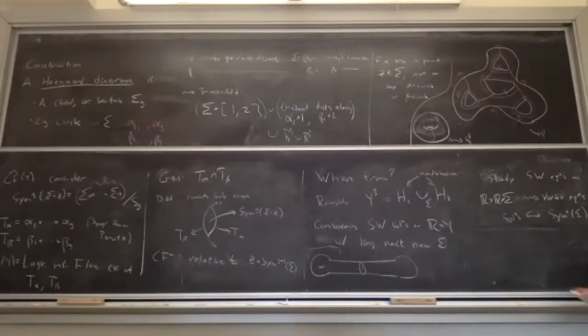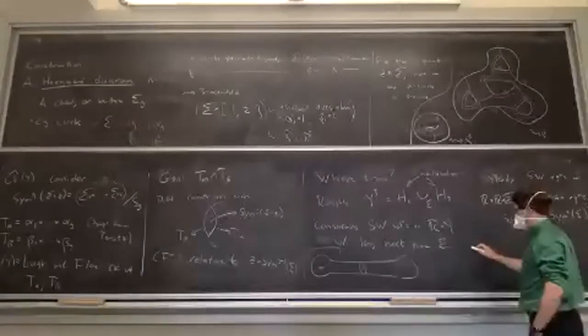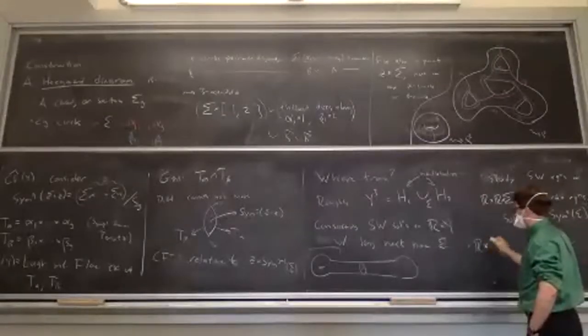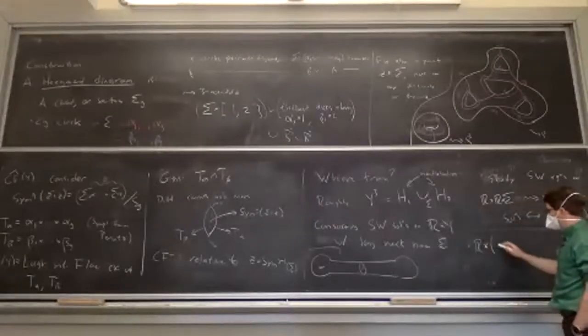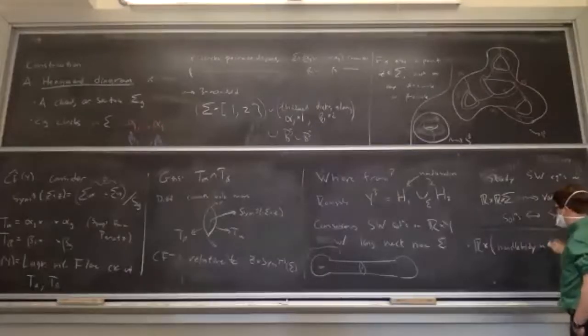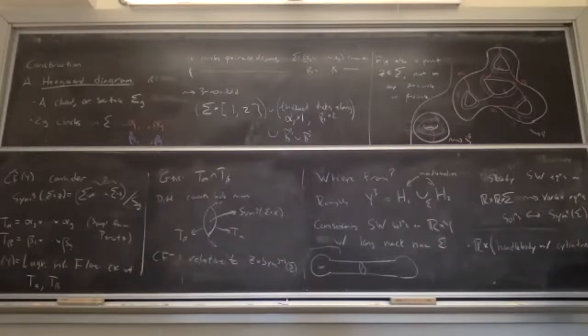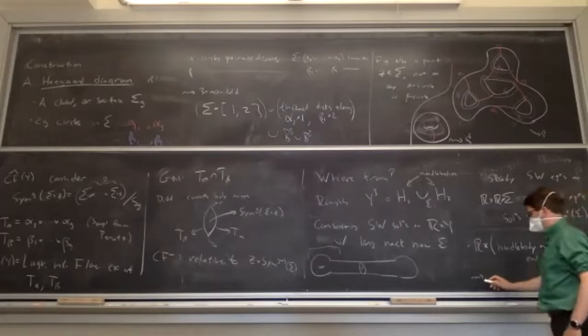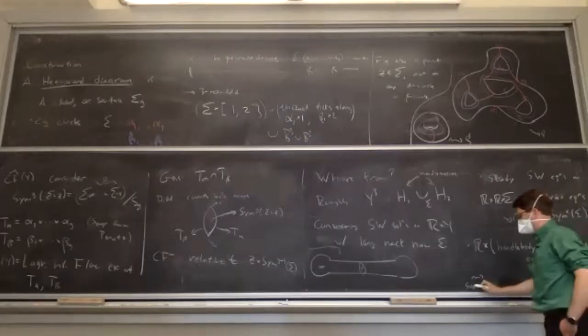And then the other place you're looking at is R cross handlebody with this cylindrical end. I can't draw it, but you've got a handlebody where the boundary is very, very long.